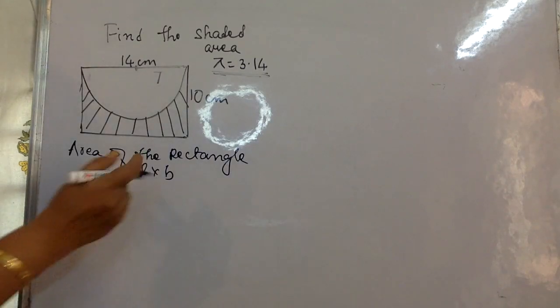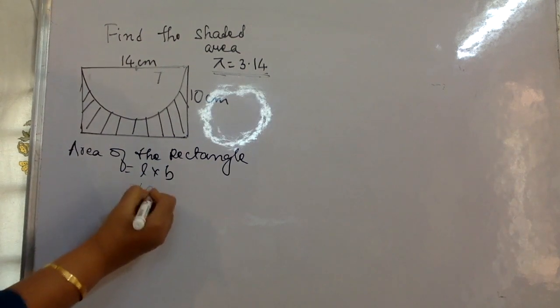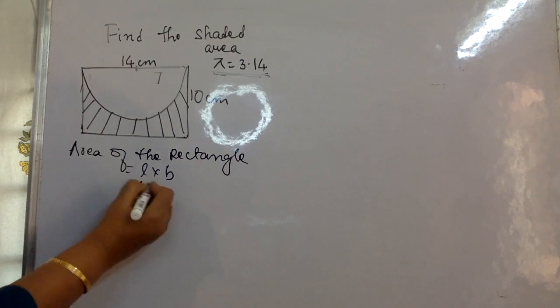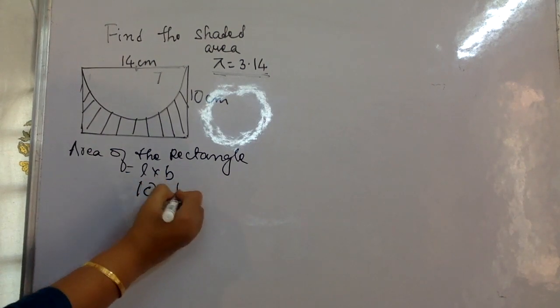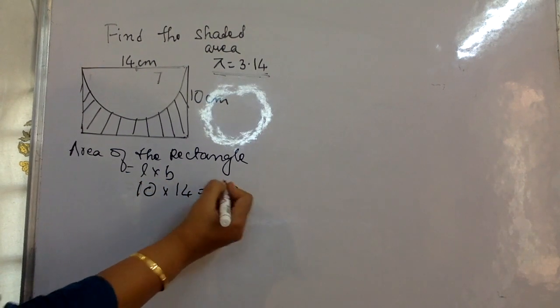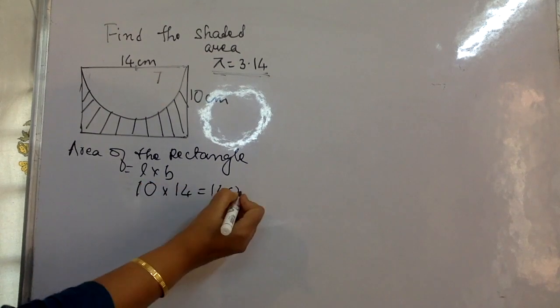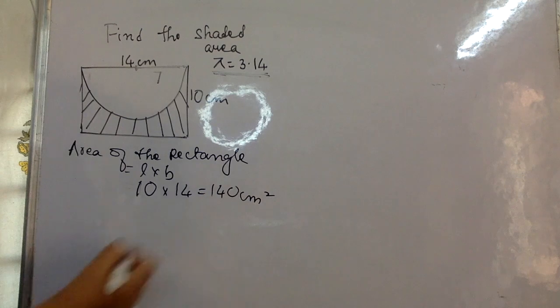So area of the rectangle is L into B, which is 10 into 14, which is 140.